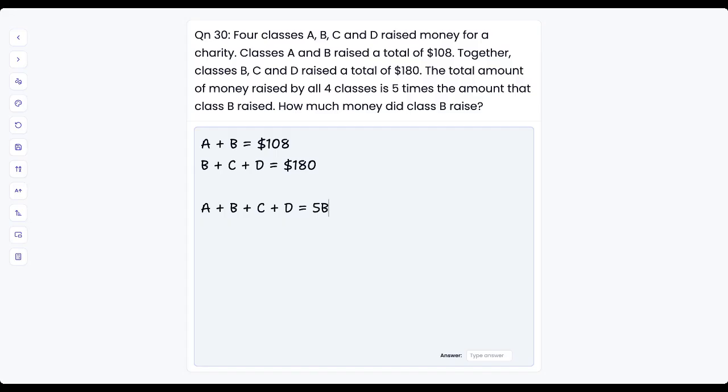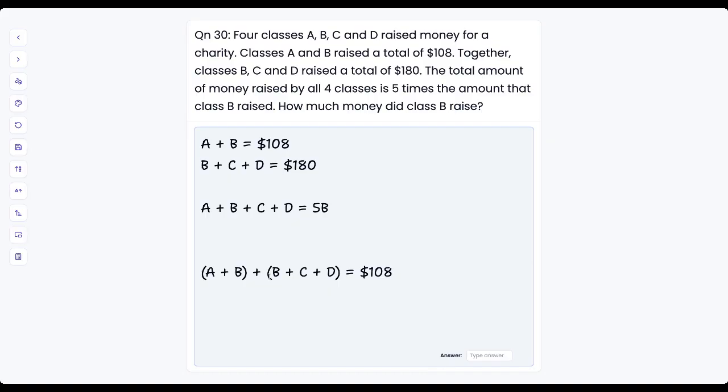So 5B. With that said, we can actually add A plus B, and B plus C plus D. I want to just put this whole thing in brackets first: A plus B in brackets, plus B plus C plus D in brackets.